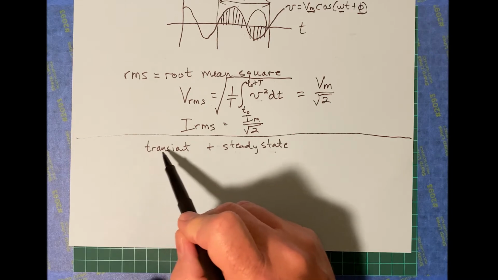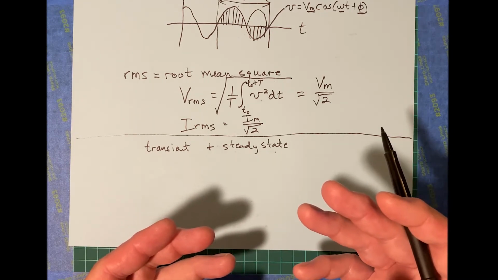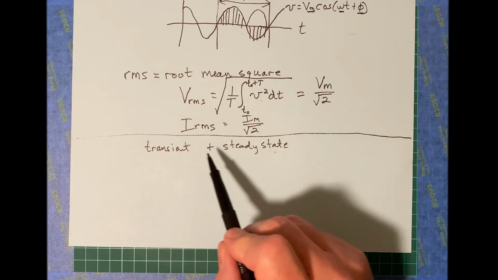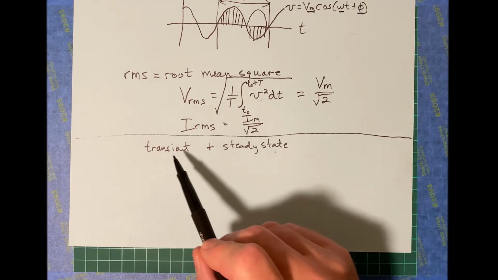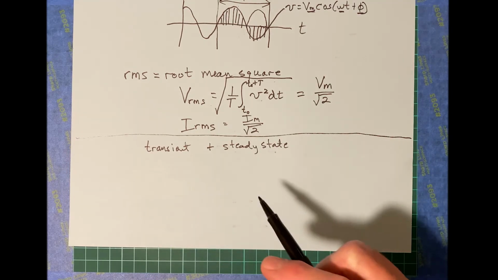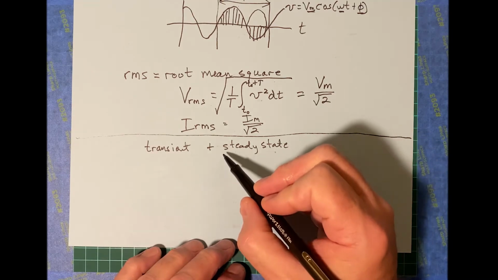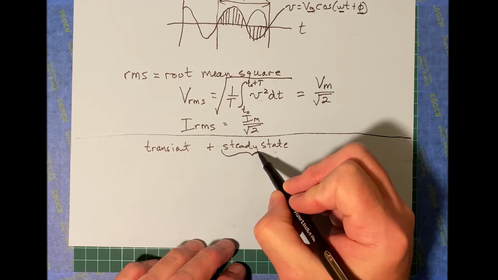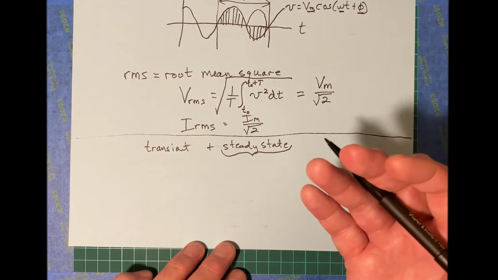So the transient part eventually goes away, and then all that's left is the steady state part. Okay, so when we're talking about sinusoidally varying sources, that's really two different parts, and you approach each of these parts differently. What we're going to concentrate on is the steady state portion of the response.